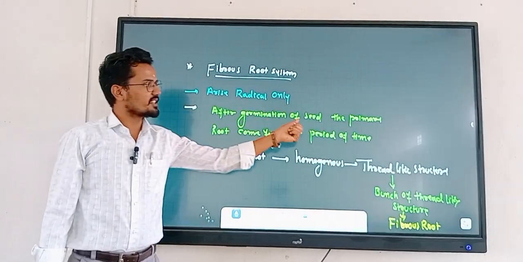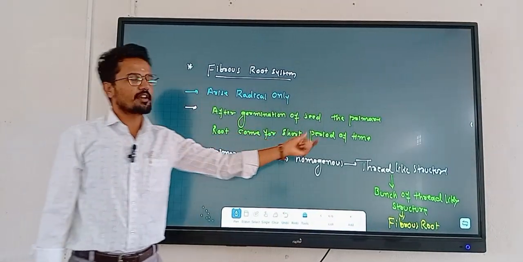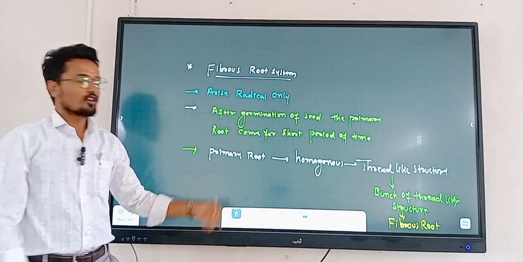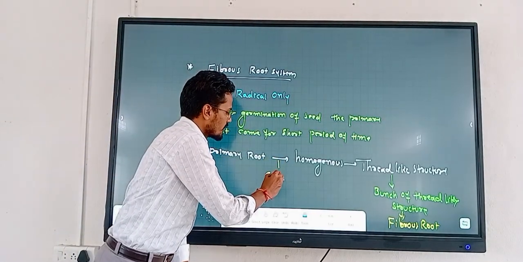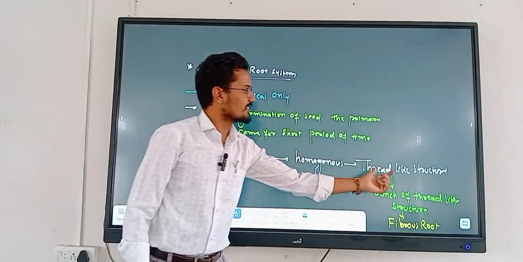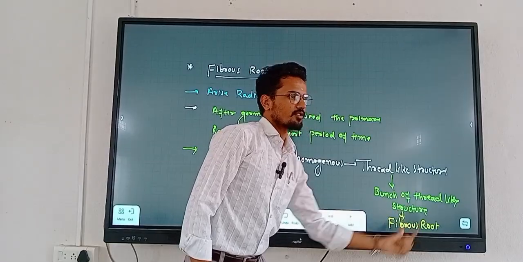After germination of the seed, the primary root comes for a short period of time. After some time, the primary root itself is converted into homogeneous thread-like structures. The bunch of thread-like structures is called fibrous.